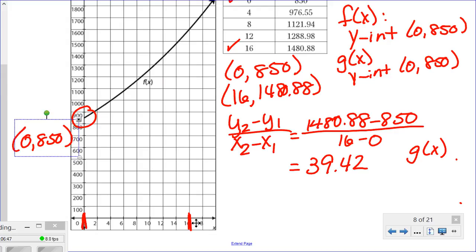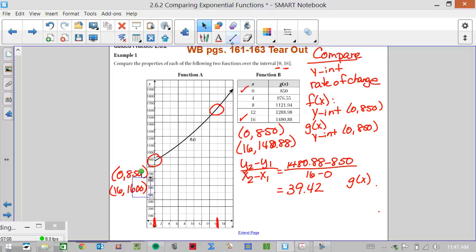And now we need to look at the graph when x is 16. So I move up, and it's right here. So when x is 16, well, g of x, or f of x in this case, is 1600. So these are the 2 points that I need to use. I'm going to switch colors.